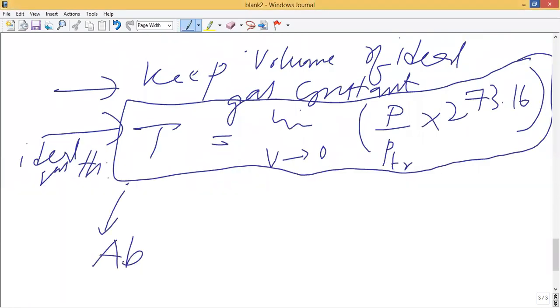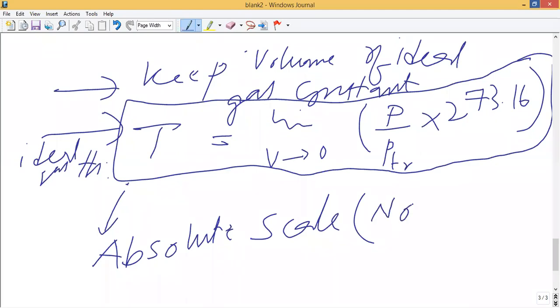Absolute scale. Kelvin scale. It cannot be negative. Okay, it has no negative value. Absolute scale, and you have this 0 Kelvin value.